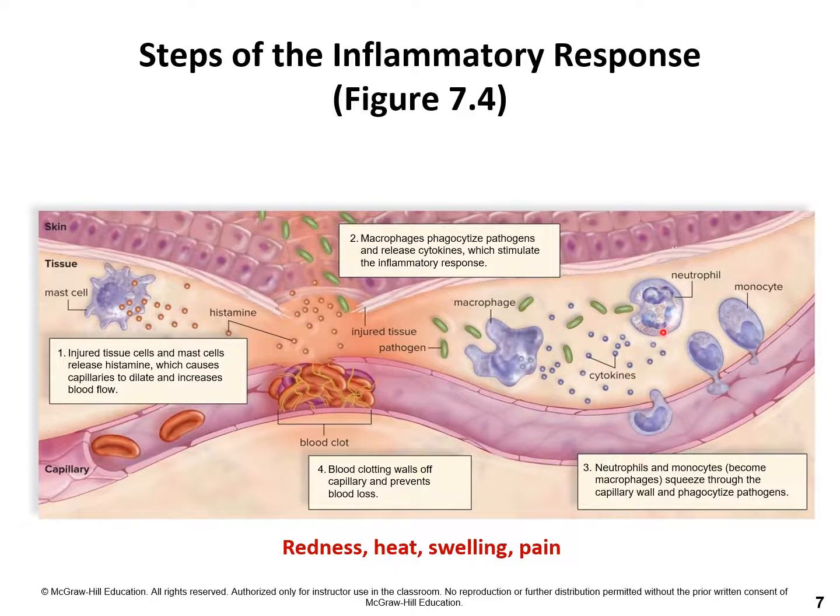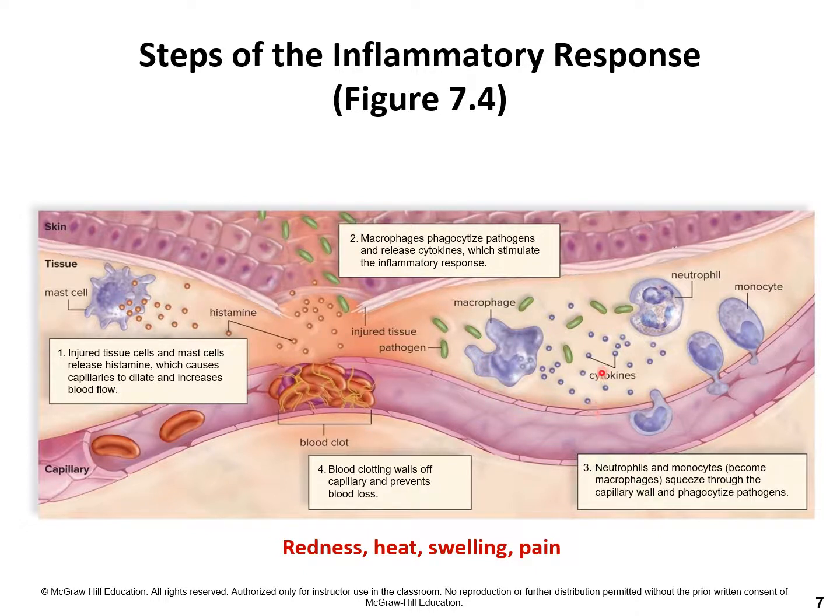These cytokines are chemical messages that are released by white blood cells into the tissues so that they can be detected by other white blood cells to come to the rescue, to come and help out and help fight that infection.